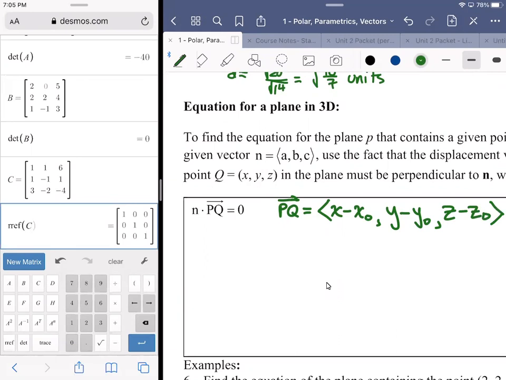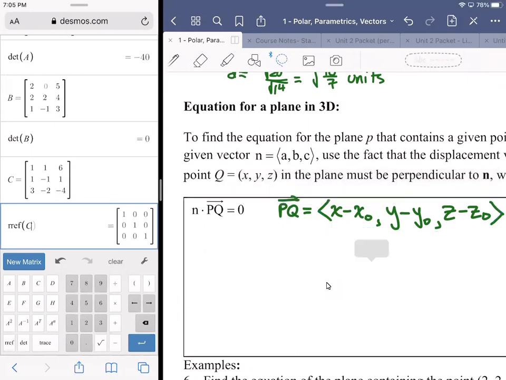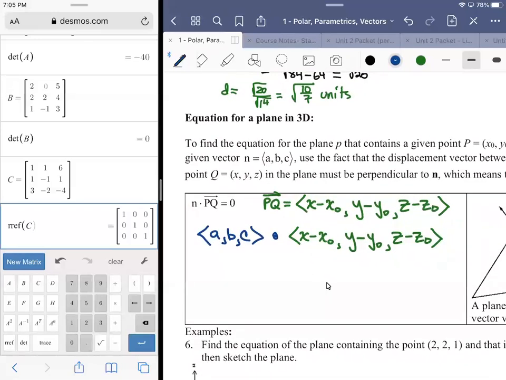So when I'm dotting those two vectors against one another, it's a fairly simple concept. Carrying it out, a little tedious, but we get the job done. A, B, C dotted against the displacement vector gives you a result of 0.